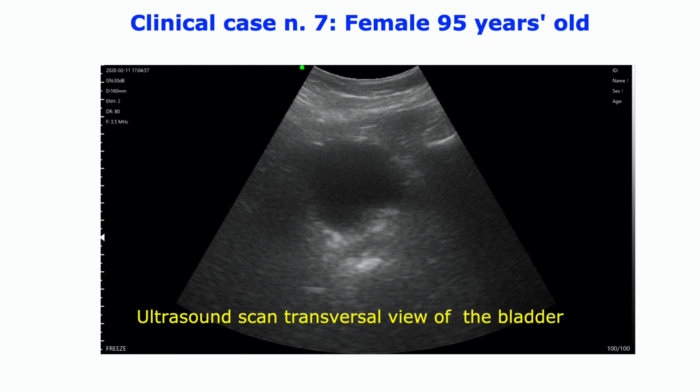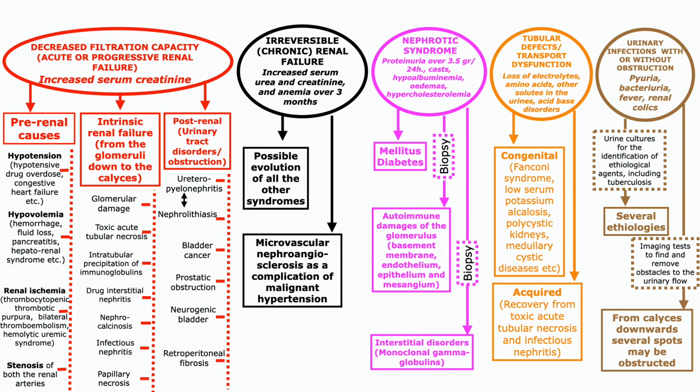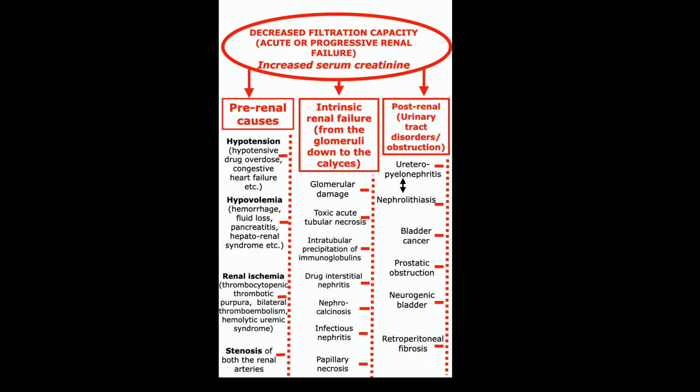Because of old age and the clinical history, the differential diagnosis diagram focused on 1. Pre-renal causes, such as either iatrogenic low blood pressure or bilateral renal artery stenosis, and 2. Post-renal causes, such as obstruction of both the bladder ureteral meatuses due to recurrent bladder carcinoma.